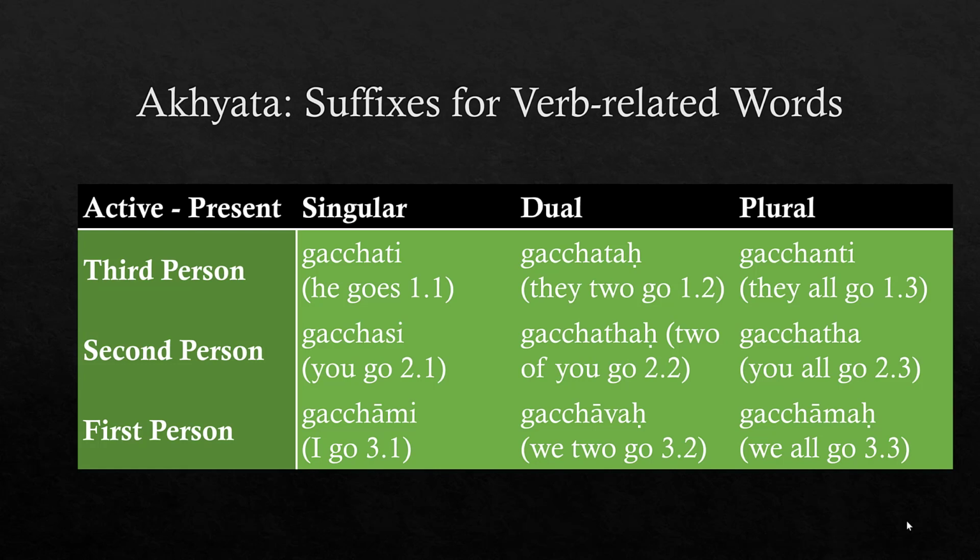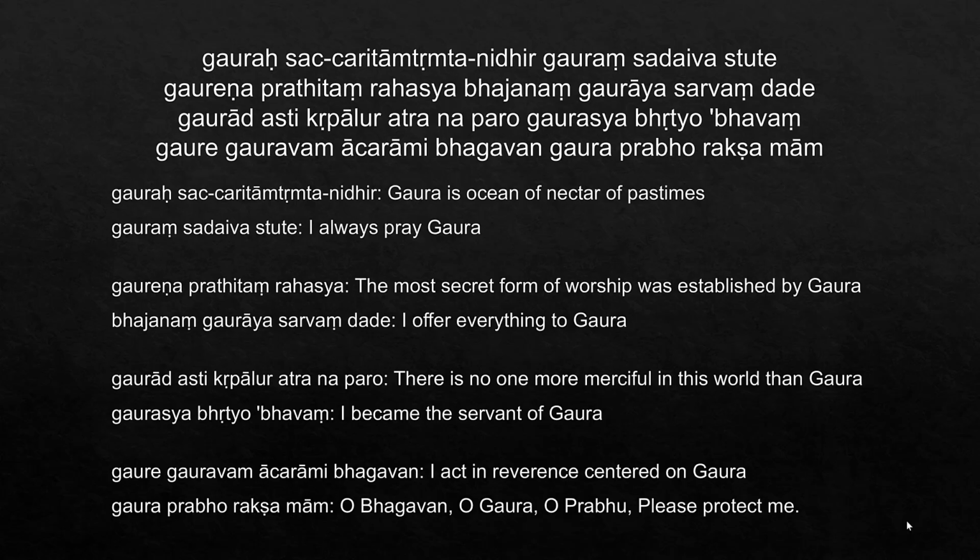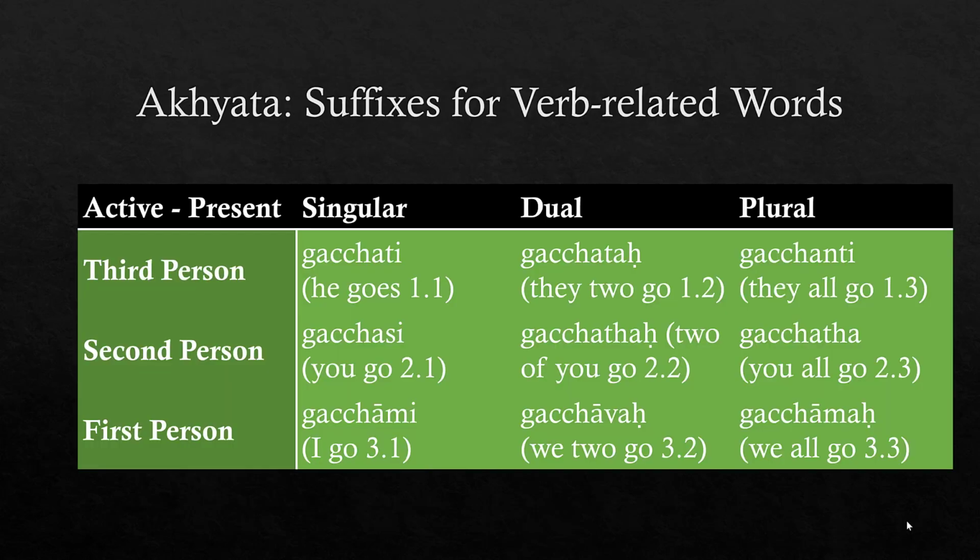So, by understanding this, if we go back to the previous verse, in the previous verse, we had said in the second last line, Gore, Gauravam, Acharami, Bhagavan. So it says Acharami. Acharami means I act. So it is I acting. That is why it is first person singular.